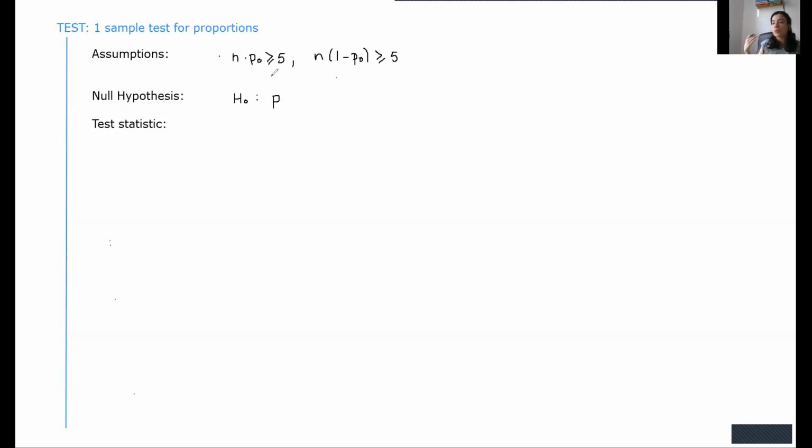We're going to try to show something for a given proportion, but we're always going to start with the assumption that that proportion is equal to a certain number. Okay, a certain number, that just means the comparison value, which is P0. So this is the comparison value.